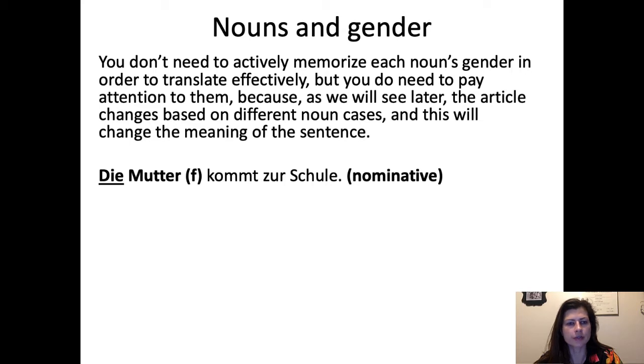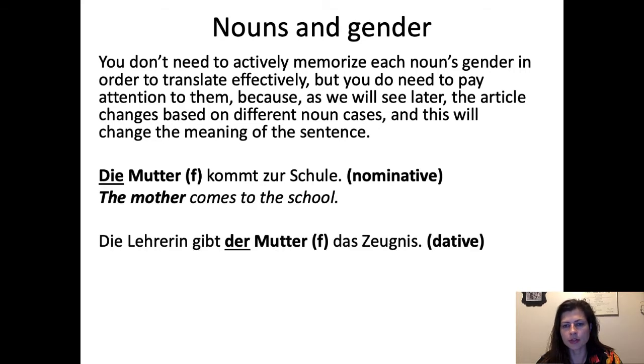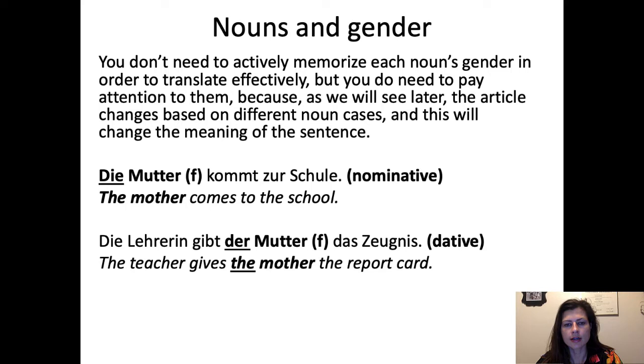So you have, for example, die Mutter kommt zur Schule, which we learned is nominative, it's the subject of the sentence, which is just the mother comes to the school. But at the very beginning, we didn't know what the dative was. So when you looked at something like die Lehrerin gibt der Mutter das Zeugnis, it looks like Mutter has suddenly become masculine or something, but it hasn't become masculine. It's still feminine, but that's what the feminine dative looks like.